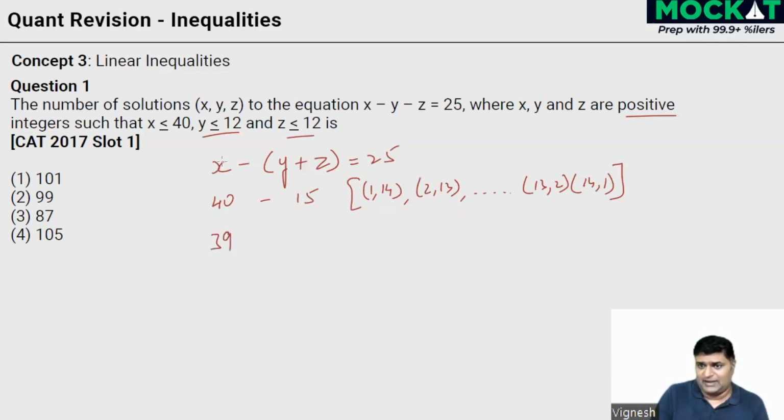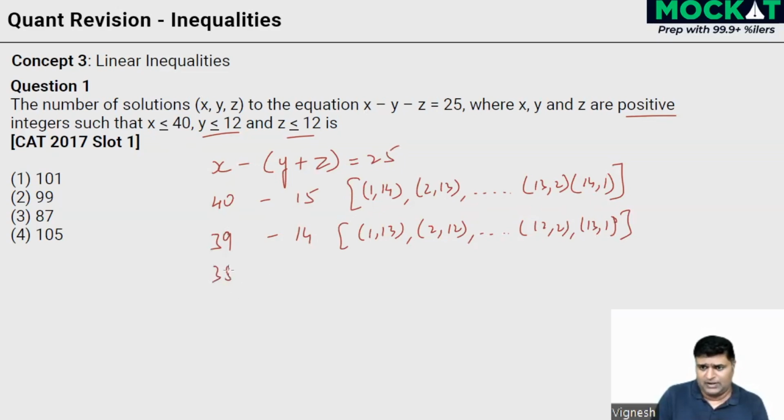If x is 39, the next possible value lower than 40, then y plus z has to be 14. And what do we have here? 1 comma 13, 2 comma 12, since 2 plus 12 is 14, and so on, and we get 12 comma 2 and 13 comma 1. This process is going to continue.